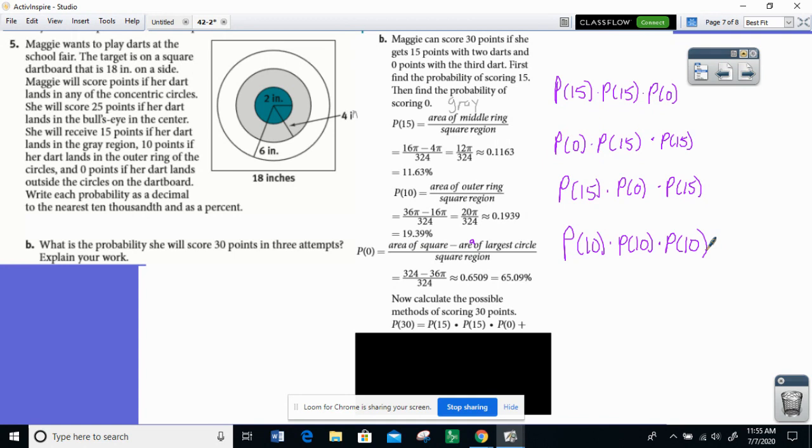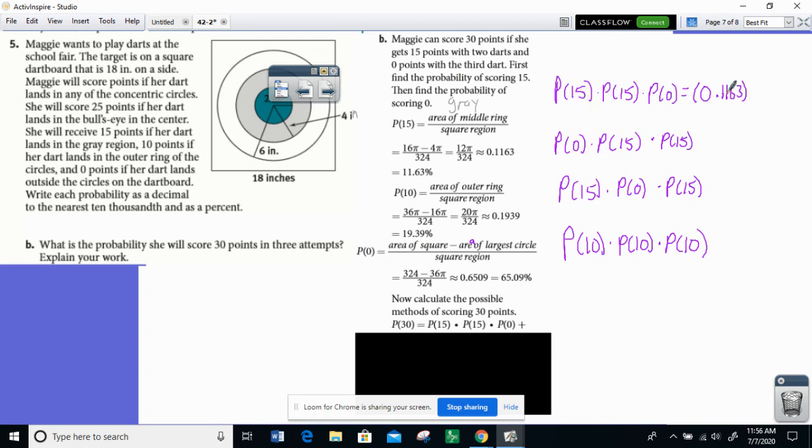Well, the good news about this is if we can find the probability of her getting 2 15s and a 0, then we'll be pretty much set because that'll take care of 3 of these possibilities. So what's the probability she earns 15 points? Well, she can earn 15 points with a probability of 0.1163.